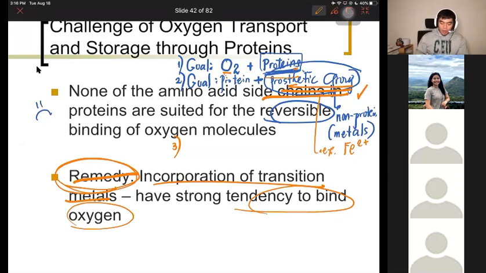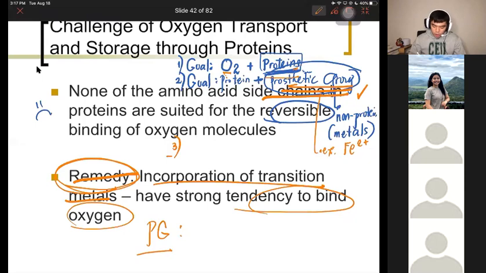Okay. Now, mag-focus tayo sa prosthetic group. Remember, ang prosthetic group, importante siya para dumikit ang oxygen. Kaya lang, may problema na naman sa prosthetic group, okay? Ang problema sa prosthetic group is siya ay may capability na ma-oxidize.